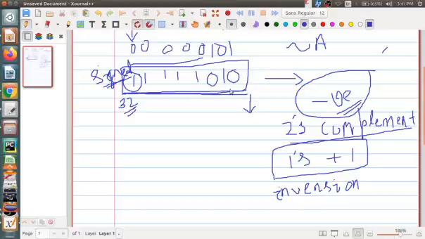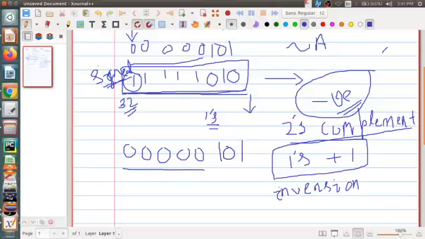Let us use 2's complement. First you convert into 1's complement. If you convert into 1's complement, all the 1 bits will become 0. So we will go back once again. Now what will the value be? 1 0 1. We are not worried about the sign.